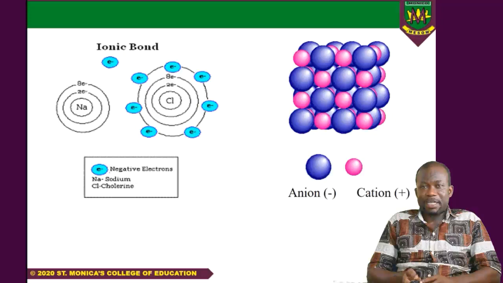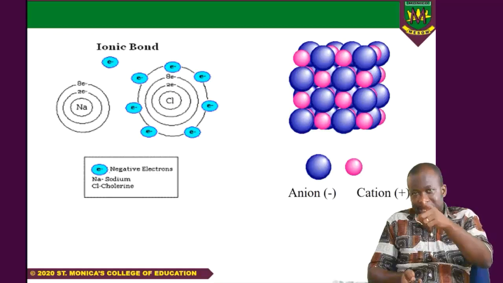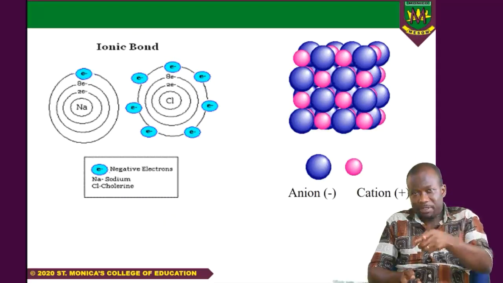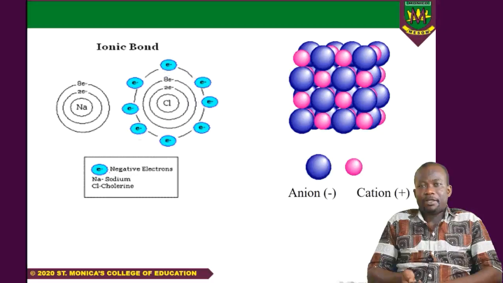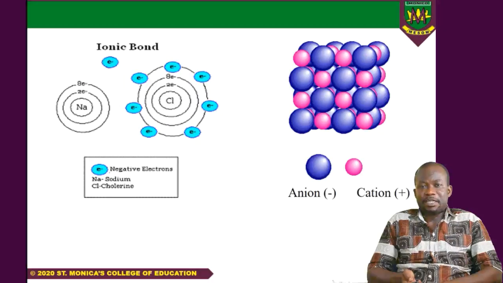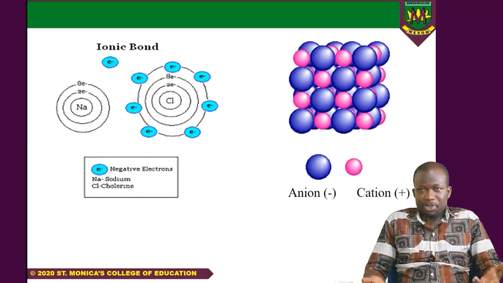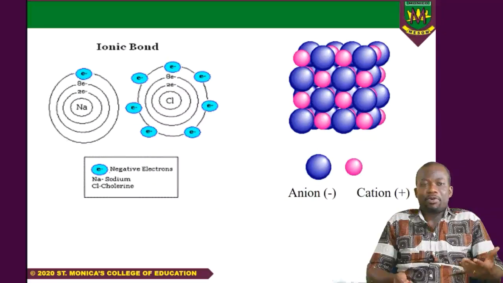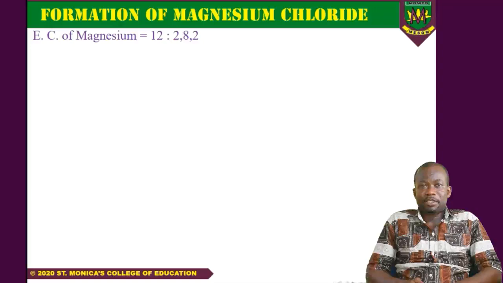And once it does that, the chlorine gets its 8, and then the 2 become stable. And so that is how the formation of sodium chloride is done. So when that happens, the natural attraction occurs between sodium and chlorine, and then they form the sodium chloride.